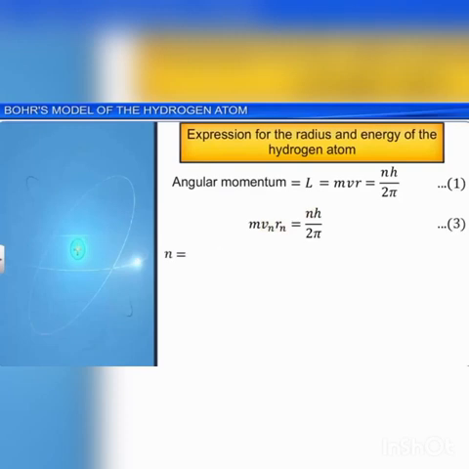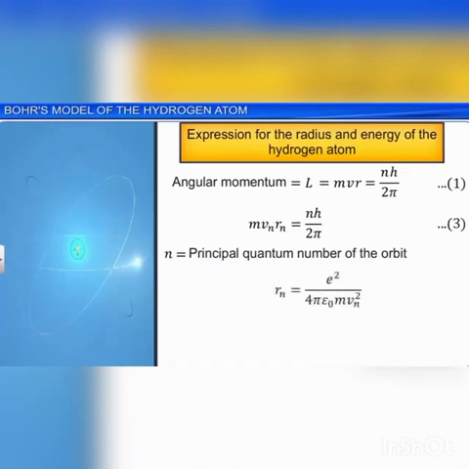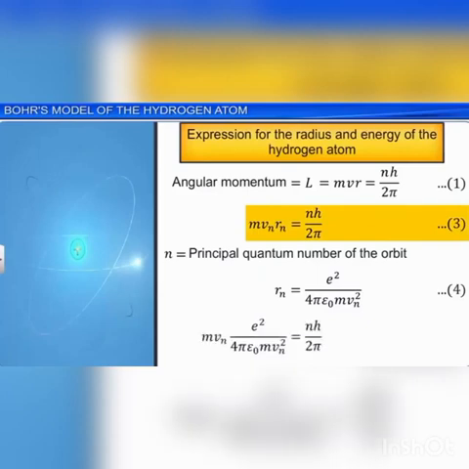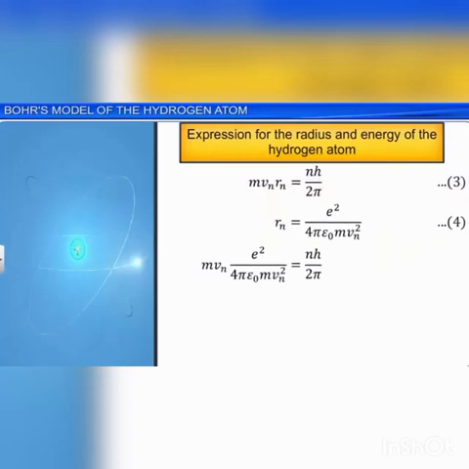We have learned that the relation between the radius r of the electron orbit and its corresponding velocity v is given by Rn is equal to e square by 4 pi epsilon naught m vn square. Let this be equation 4. Substituting the value of Rn in equation 3 and simplifying, we have Vn is equal to e square by 2 epsilon naught nh.